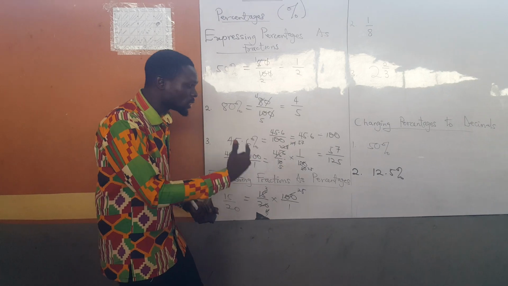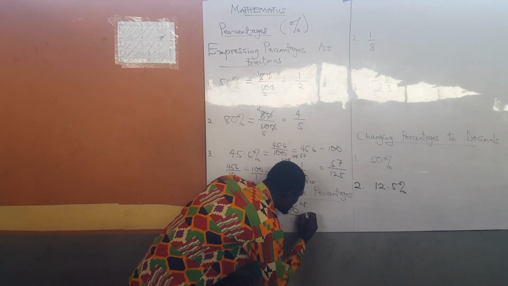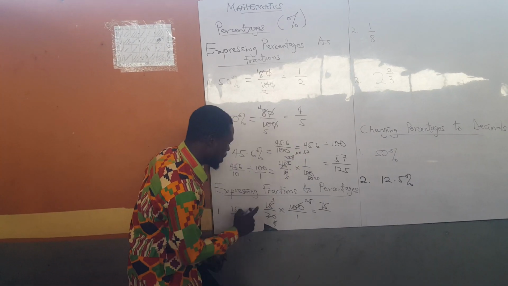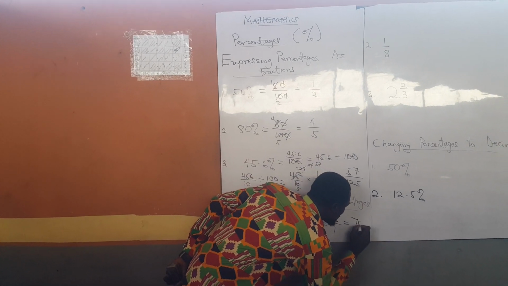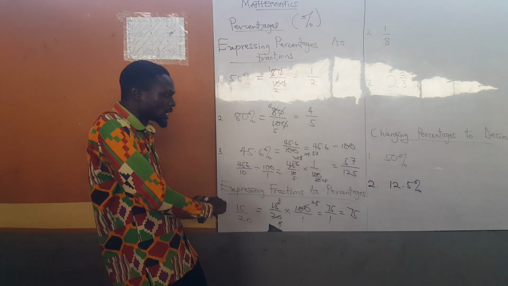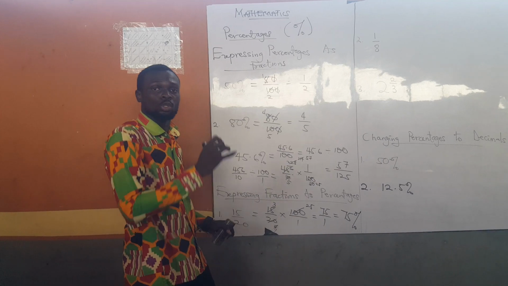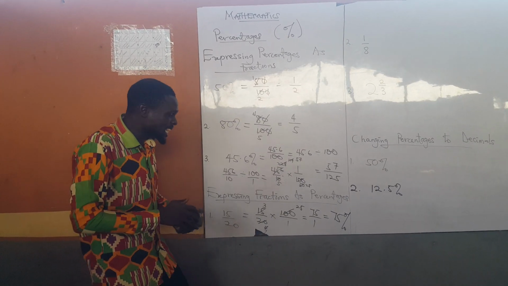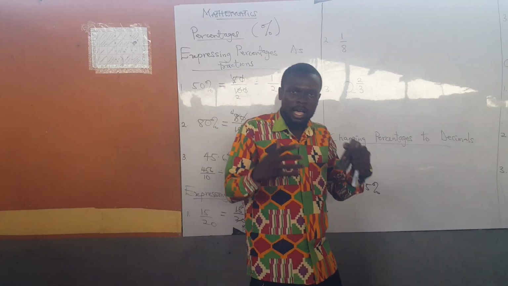If you multiply 3 times 25, you are going to get 75. So 3 times 25 is going to give us 75 over 1 times 1 will give us 1, which is the same as 75. But because we are expressing the fraction as a percentage, we'll bring the percent sign at the end to show that it is what? In percentages. So you are just going to multiply the fraction by 100.